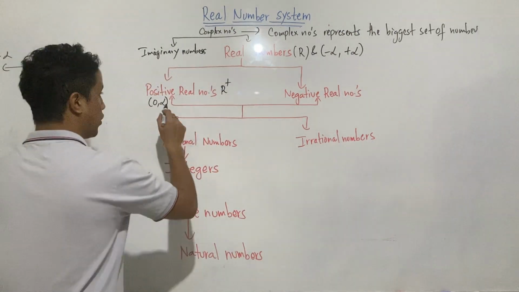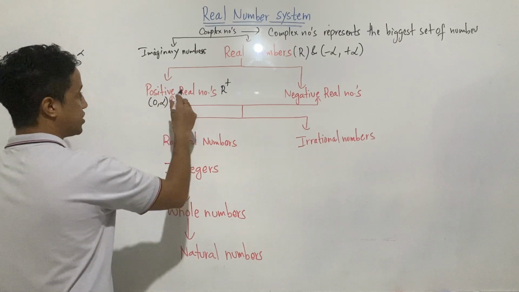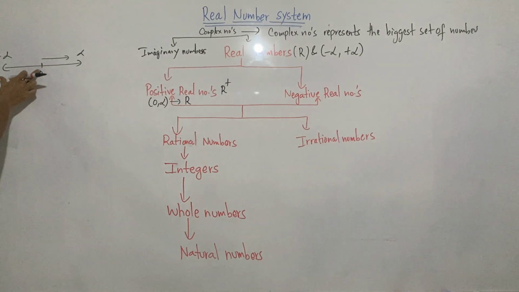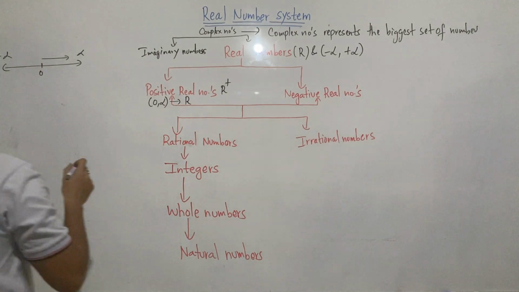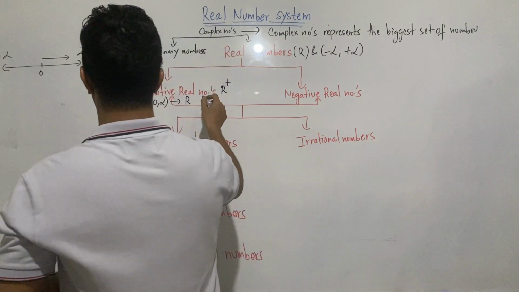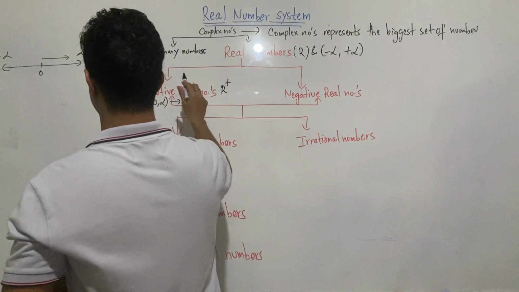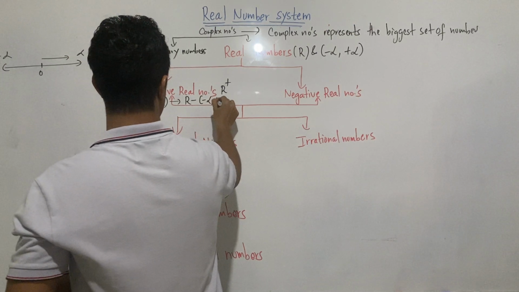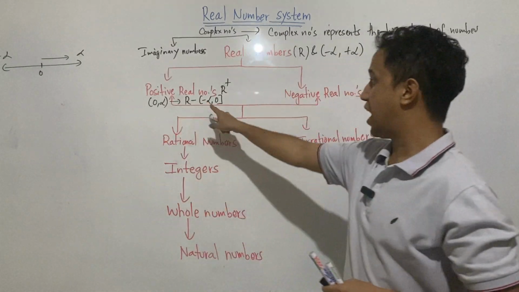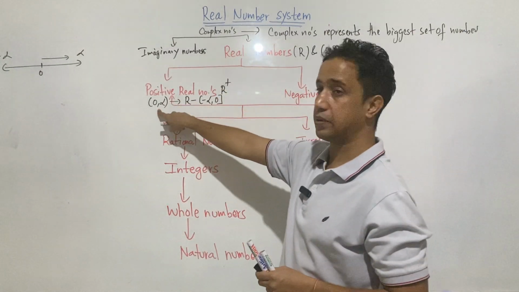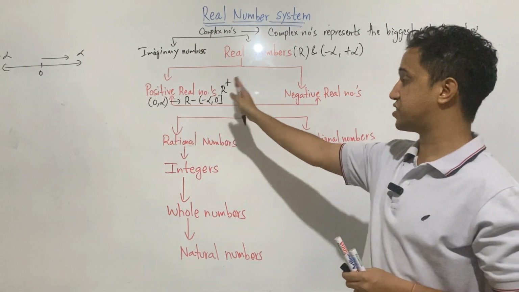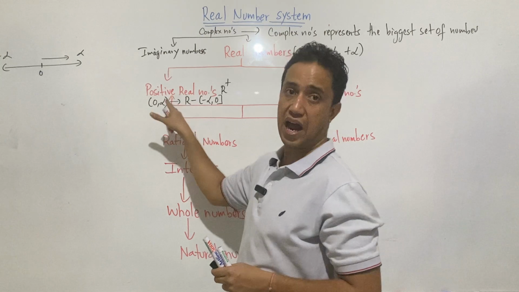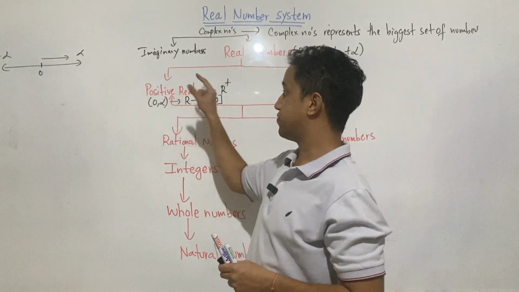There is also one other way to write it. If from all the real numbers I subtract minus infinity to 0, here I can include 0 because I will be left with this. So if from the set of real numbers I subtract this, I am going to get the set of positive real numbers.